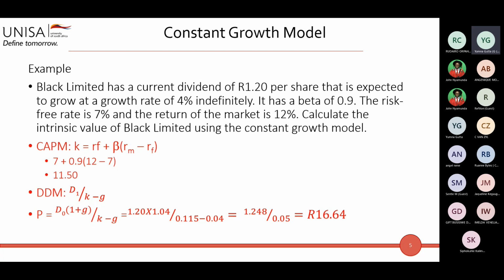Okay, so in my formula, my answer is incorrect, but let's calculate the correct answer. It's 5.5%. 1,248 divided by, the top one is correct, divided by 11.5 minus 4, which is 7.5, not 5.5.